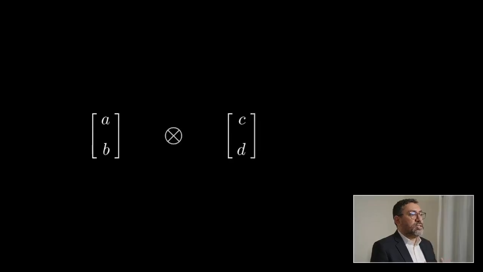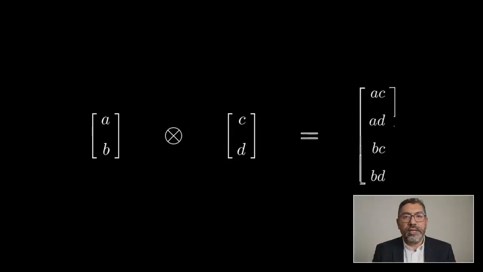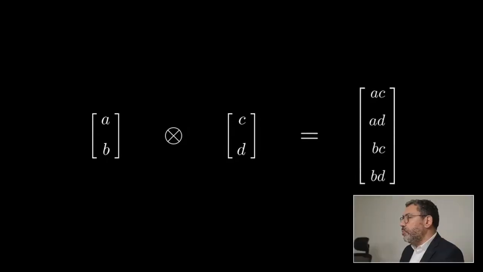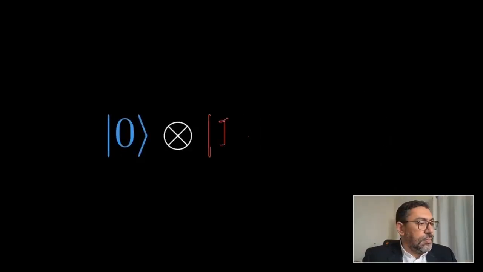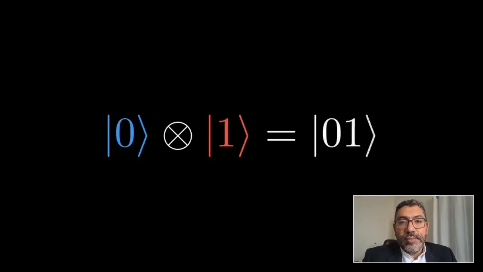To combine qubits mathematically, we use something called the tensor product. The tensor product is the rule for building a bigger quantum state from smaller quantum states. For example, ket 0 tensor ket 1 becomes ket 01.